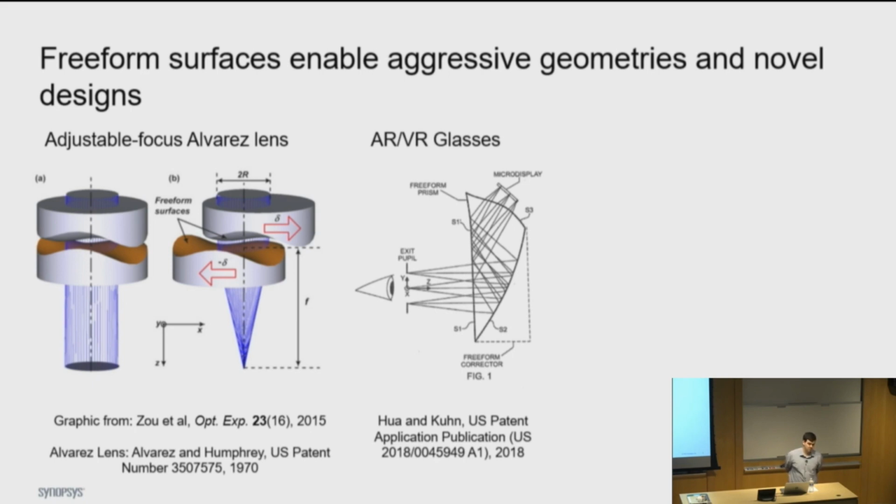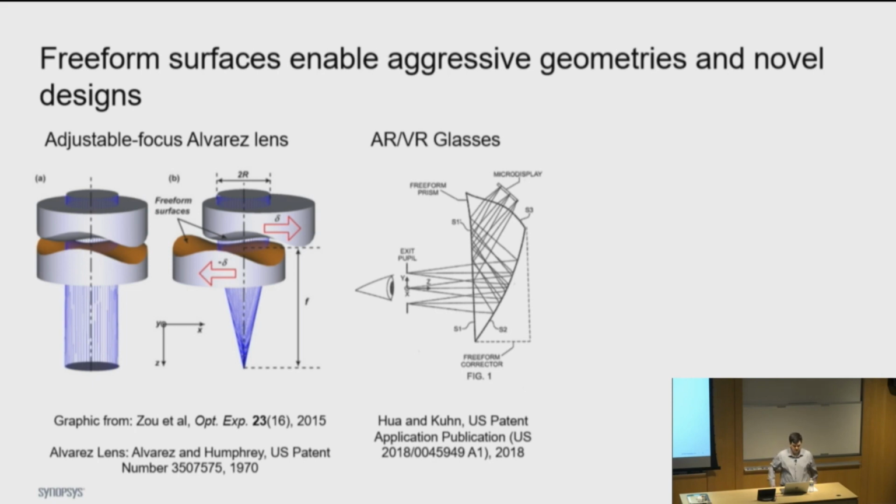So that's the AR/VR part of it. And in this case, each of the surfaces in a design architecture like this are going to be potentially highly complicated freeform surfaces with lots of degrees of freedom in order to achieve the performance you need in a system that has that shape.